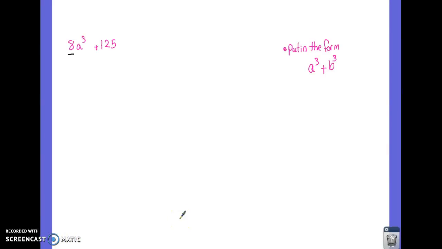Now, is the 8 a perfect cube? Think about it. What base to the power 3 equals 8? In other words, what is the cubic root of 8? Should be 2. 2 times 2 is 4, times 2 is 8.